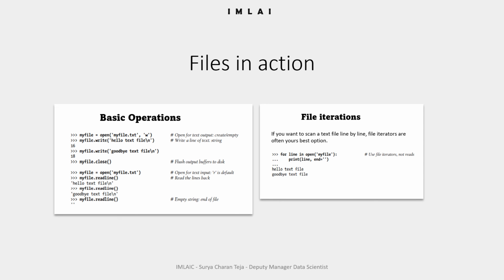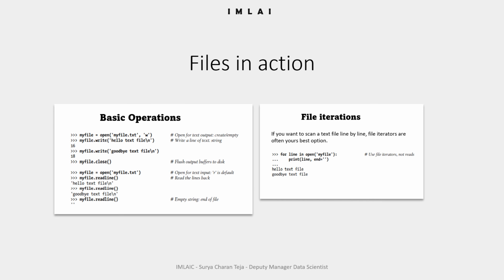File iterations is nothing but using a for loop, whereas basic operations are whatever we have mentioned earlier, the same thing. Open a file, write something, add some strings, and then close the file.